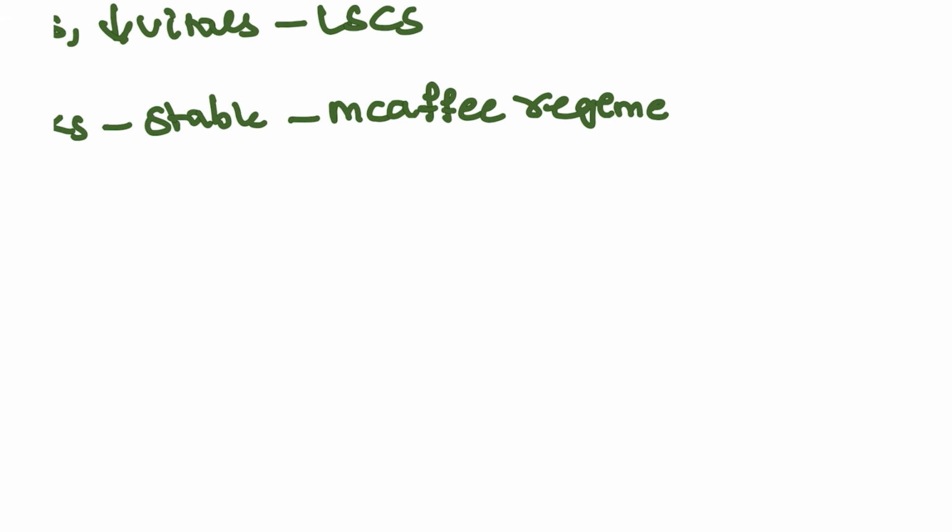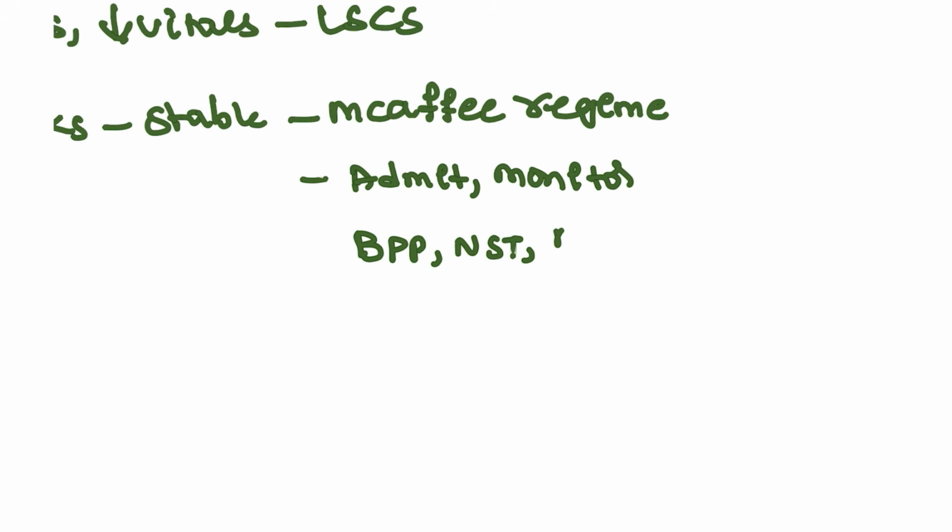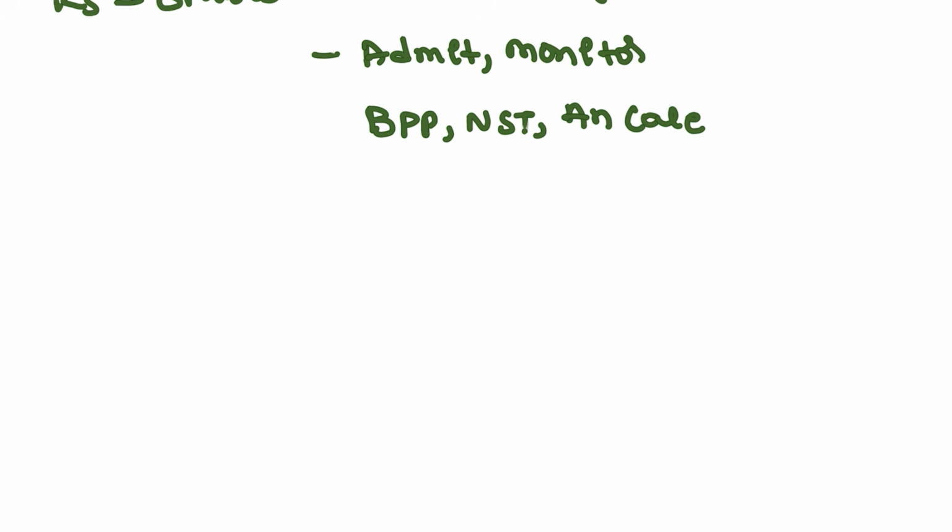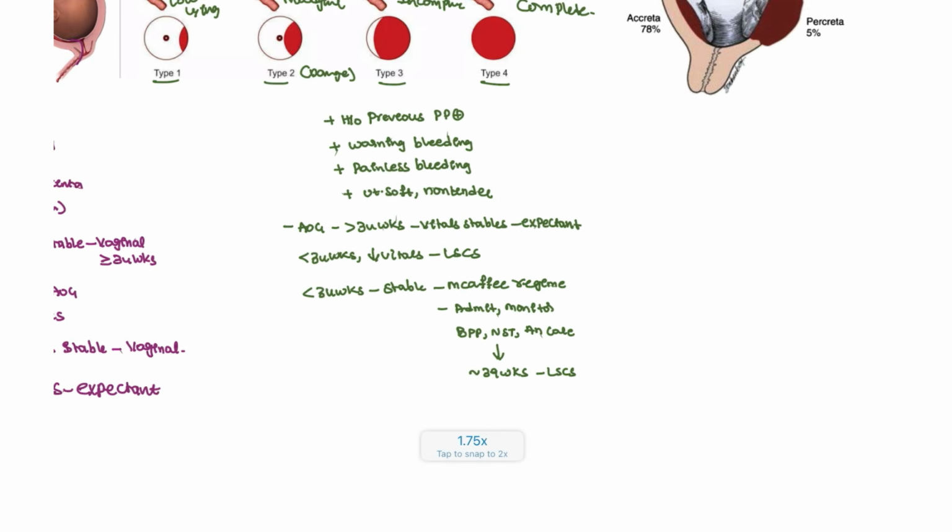In the McAfee-Johnson regimen, we admit the patient and monitor the patient with the help of biophysical profile, NST, and antenatal care. If there is a warning sign, we also look out for it, and at 39 weeks of gestation plus or minus 6 days, we can go for LSCS for this patient.